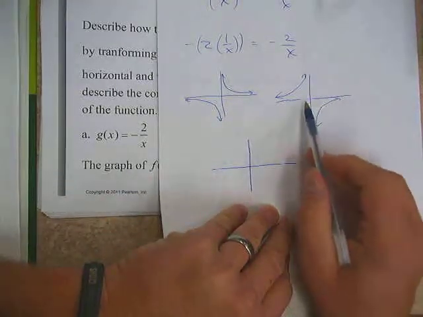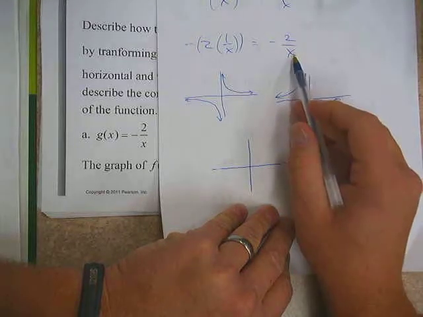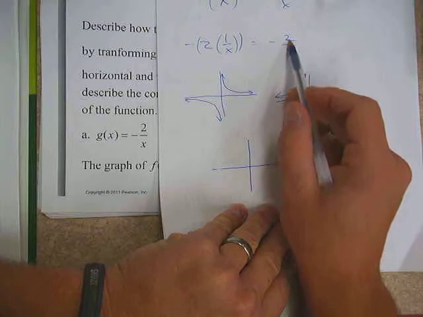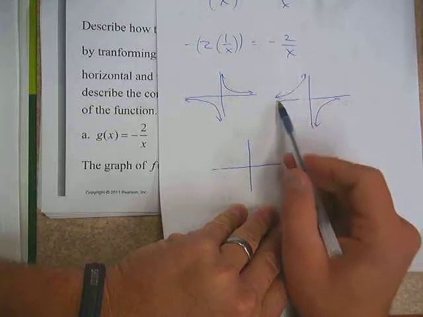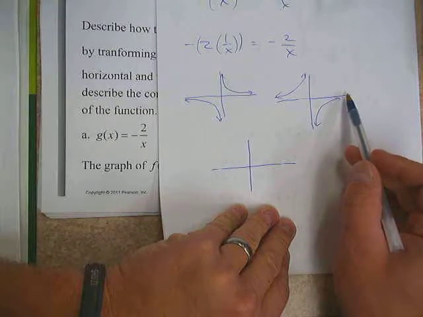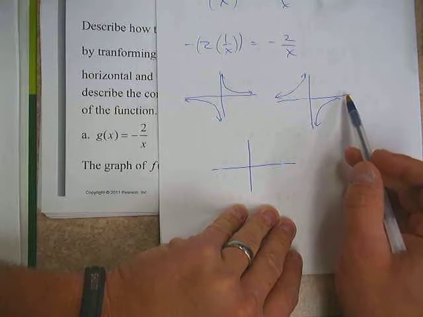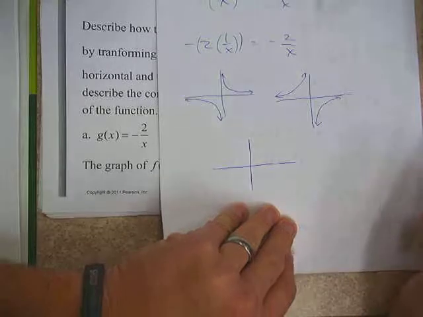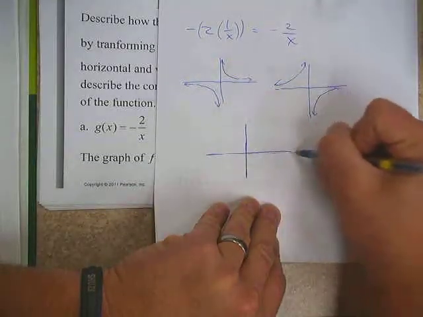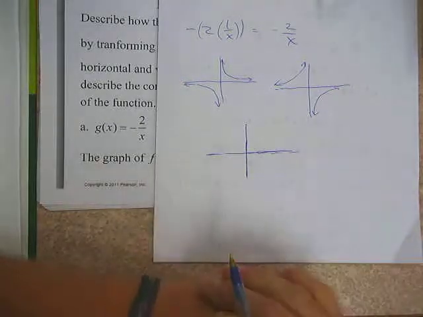Alright, and so again, a couple different ways we can do this. We could make an XY chart for this. My suggestion to you, if you're going to draw the graph of a function that is a rational function, is that you first of all identify the asymptotes. Keeping in mind that if I were to just have an x on the bottom, I still have x equals 0 as an asymptote. If I have a negative 2 on top this time, is that going to change the fact that this is never going to hit 0 also in the y direction?